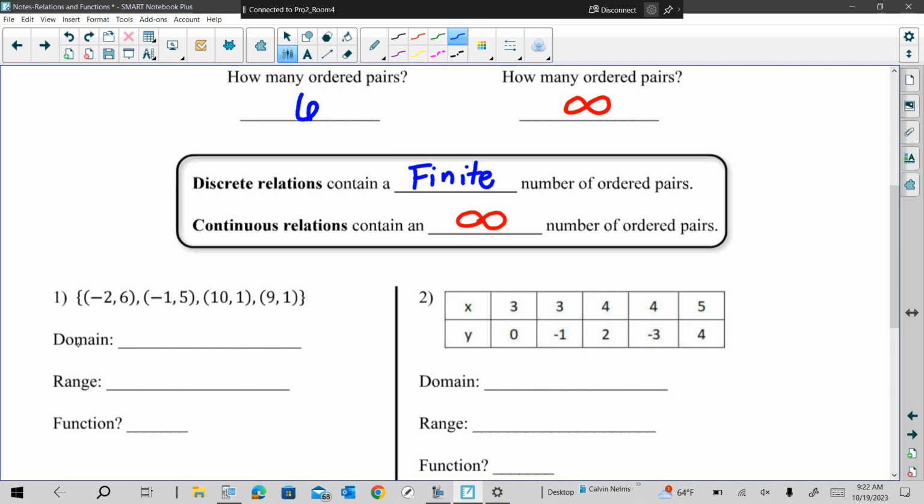What values at the very top are the domains? X values, yeah. Input, X values. Put X here.